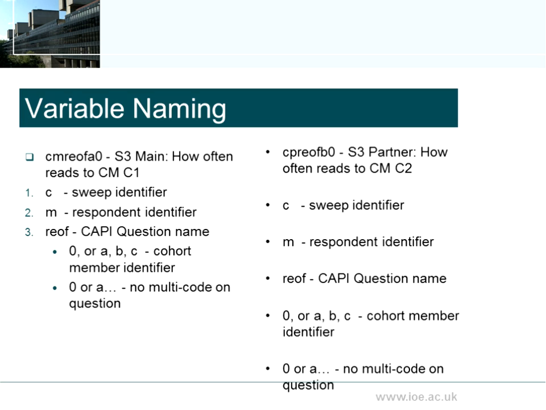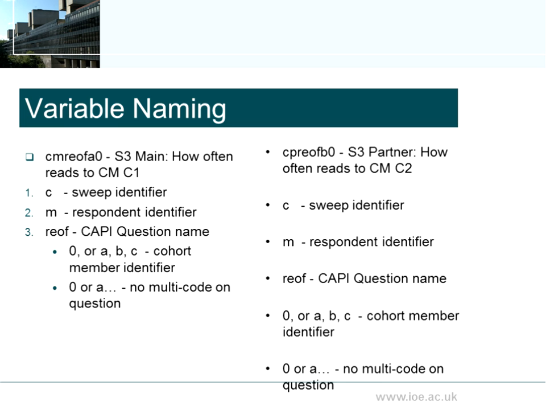Then you would have a letter taking the values of 0, A, B, C. So 0 is for questions which are not related to cohort members, like number of rooms in the household, while A, B, C are for questions related to particular cohort members. So A is for the first child, B is for the twin, and C is for the triplet.